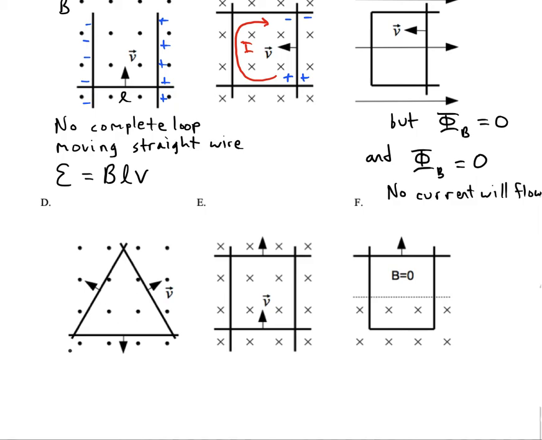In this problem here, we see that the area is increasing. So the magnetic flux through the loop is also increasing.